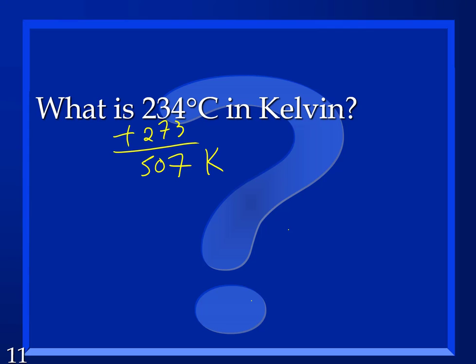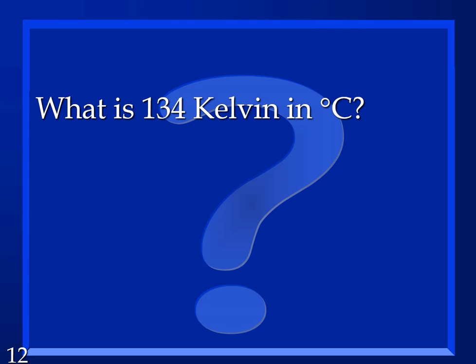Okay, now for the hard version. What is 134 Kelvin in Celsius? It doesn't look that different. It shouldn't look that different. Same kind of question. I know the number is still 273, but if Kelvin's always bigger, to get Celsius, I should subtract 273.